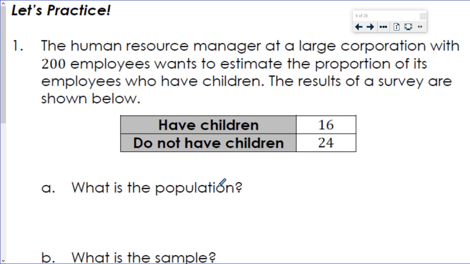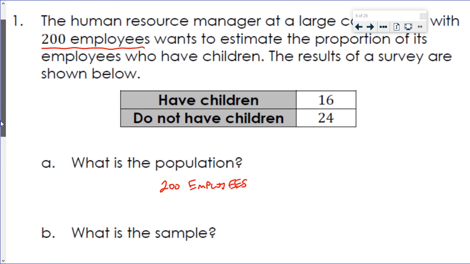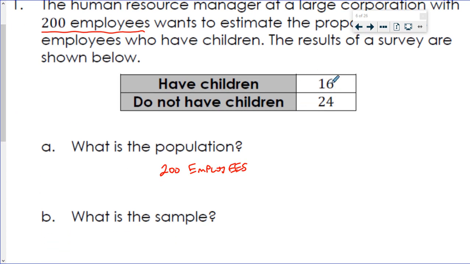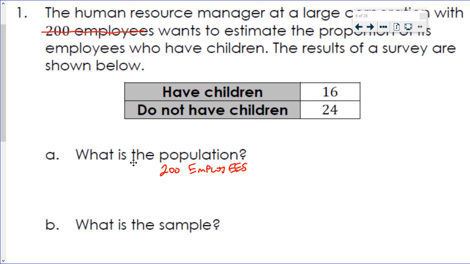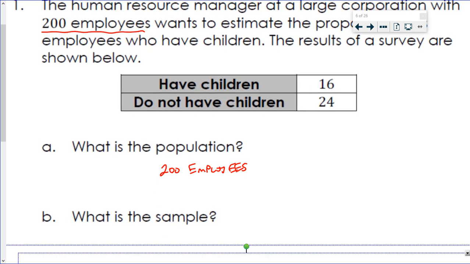All right, so what is the population? Well, the population, again, is all of the employees. That's right here, 200 employees. So the population is the 200 employees. All right, what is the sample? Well, we talked to these 40 people. So the sample is the 40 employees. I don't know why that's not writing anymore.